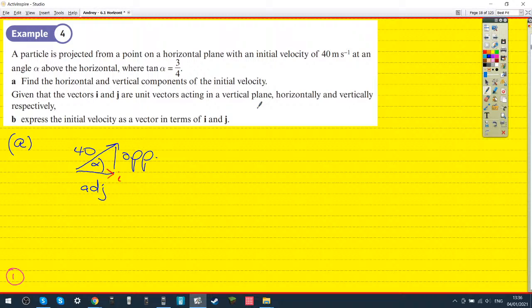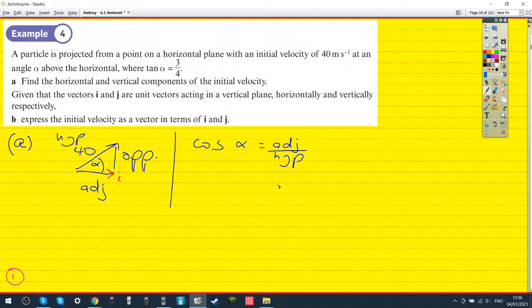Is that i or something? Like hypotenuse, adjacent. Yeah. Cos. What is cos alpha? Adjacent over hypotenuse. Okay.